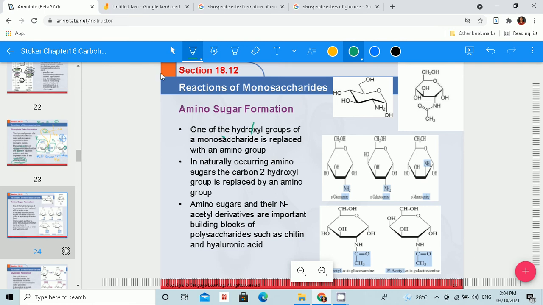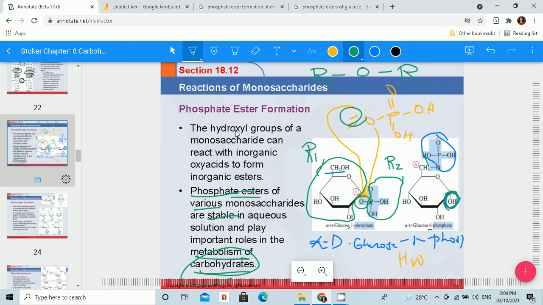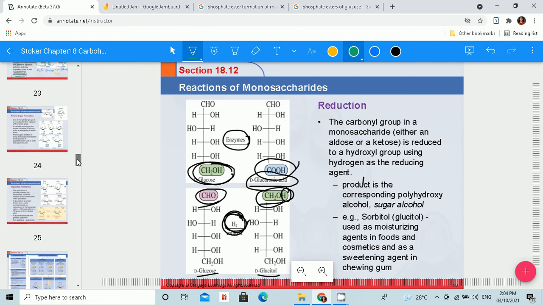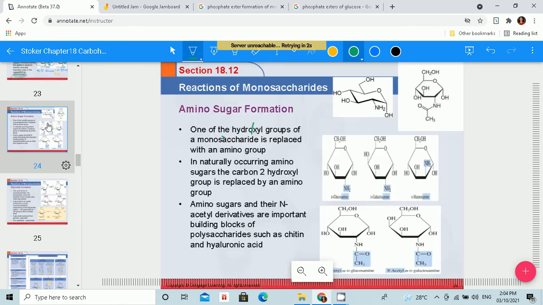This one is a phosphate ester formation, the formation of phosphate here in our glucose. This one is reduction, and then we have oxidation, the formation of carboxylic acids. This time, the formation of amino sugar. When we say amino, it has nitrogen. We have N.